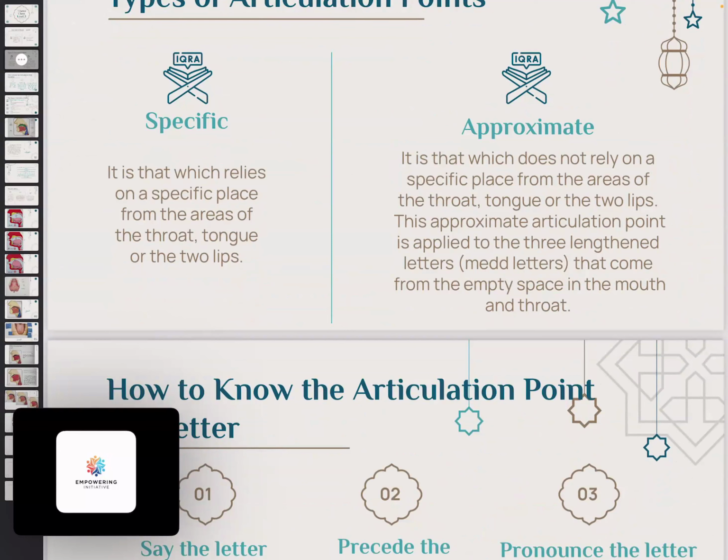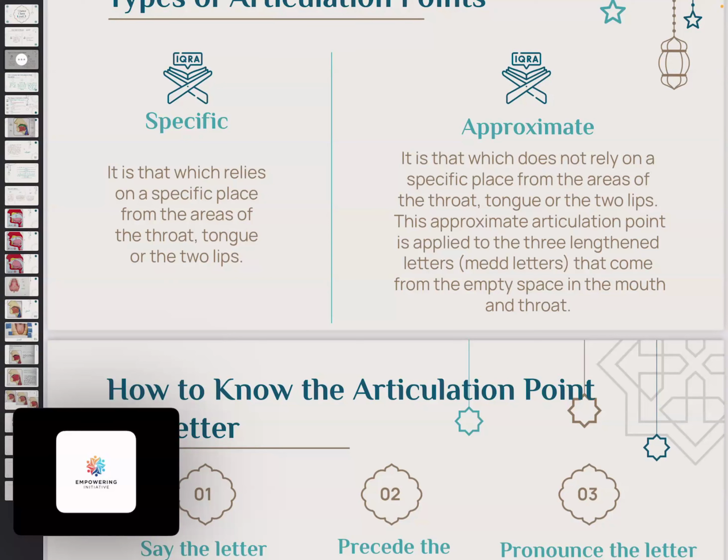Specific is that which relies on a specific place from the areas of the throat, the tongue, or the two lips. So the articulation points are three: the throat, the halq, the tongue, the lisan, or the two lips, al-shafatayn. The specific ones rely on those three articulation points.